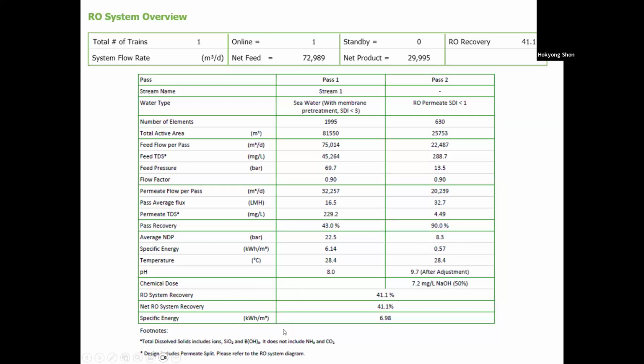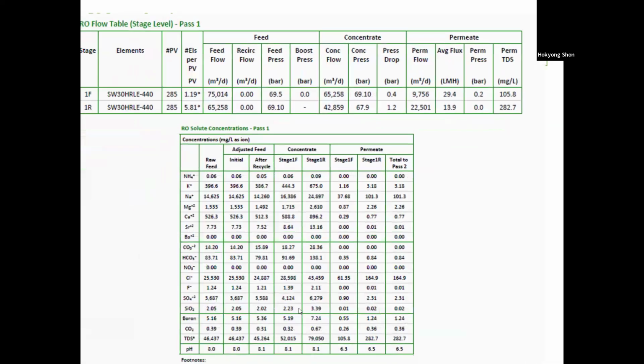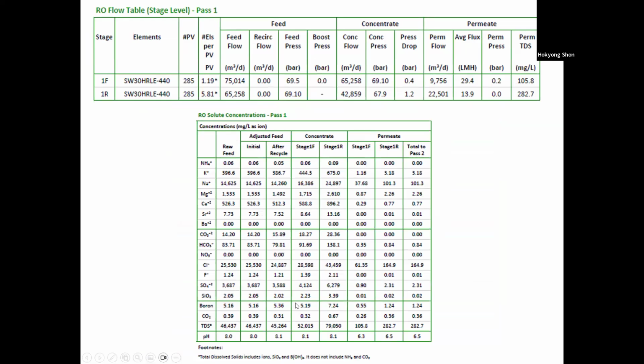And then you will see the overall RO system recovery, the net RO system recovery, and the specific energy consumption from the reverse osmosis. Also, you can see each individual ion. When you have a membrane, SW30, SW, HLLE membrane in the different sections, you can see what you input: your ions, ammonia, sodium, chloride, all the detail.